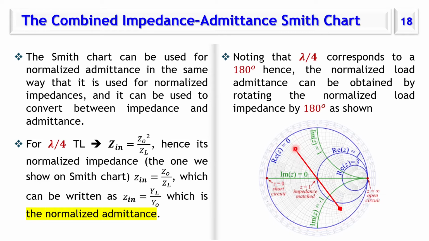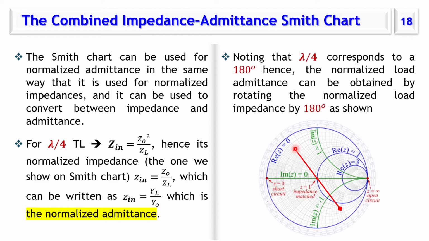The other point would be the normalized admittance. So you can think of the Smith chart as representing the relationship between normalized impedance and reflection coefficient. The same chart can also be thought of as representing a relationship between the normalized admittance and reflection coefficient.